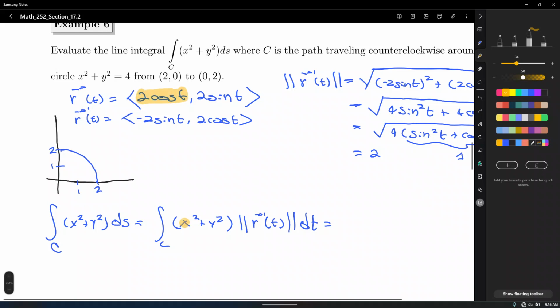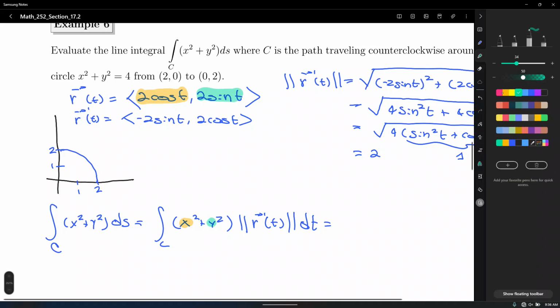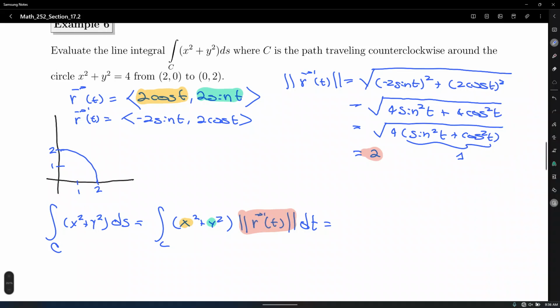This is x, and this is y. Just substitute where they correspond. So that's the integral of 2 cosine t squared plus 2 sine t squared times the magnitude of the derivative of the vector valued function, which happens to be 2 dt.